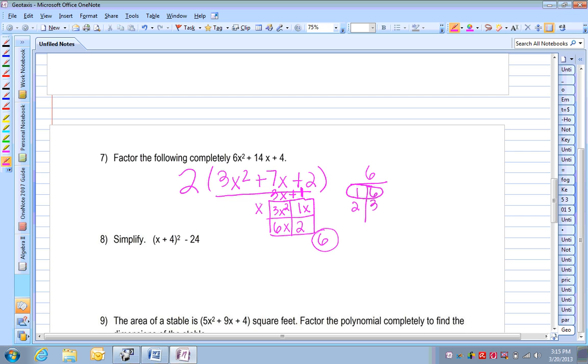And then 6x and 2, the GCF would be 2, plus 2. So then we bring our 2 down, and it'd be x plus 2 and 3x plus 1. And that's the answer.